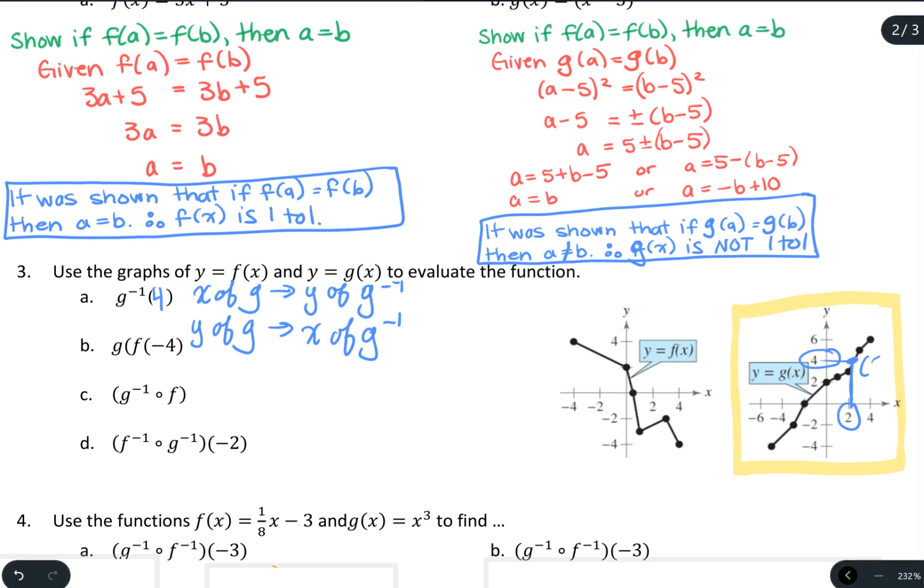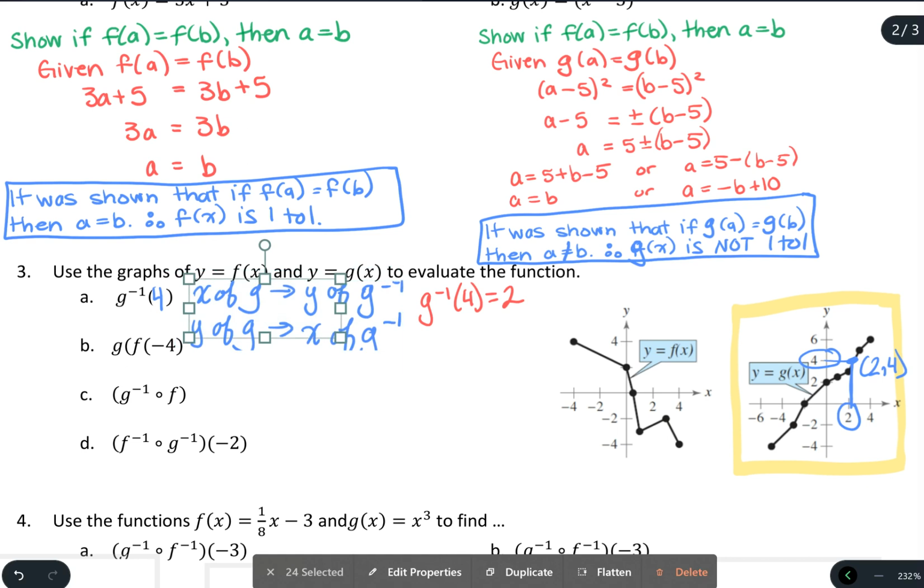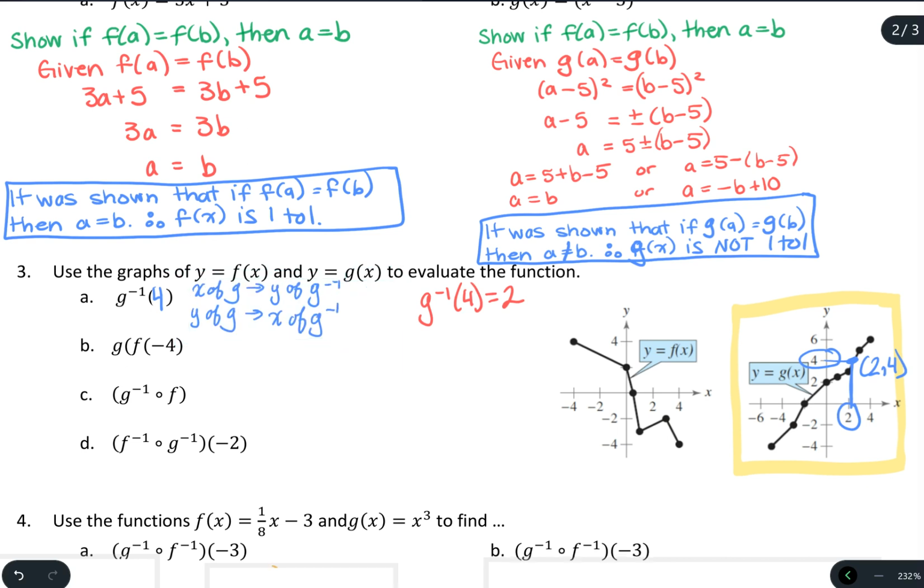So this point here on the graph, (2, 4) of g, becomes (4, 2) on g inverse. And so that means that g inverse of 4 is going to equal 2. Okay? So we're using this idea of how the x and the y values switch from the function to the inverse.